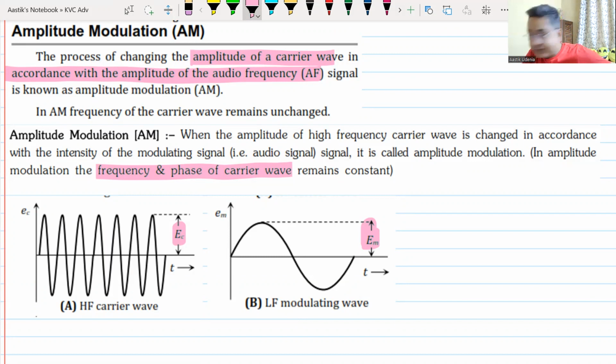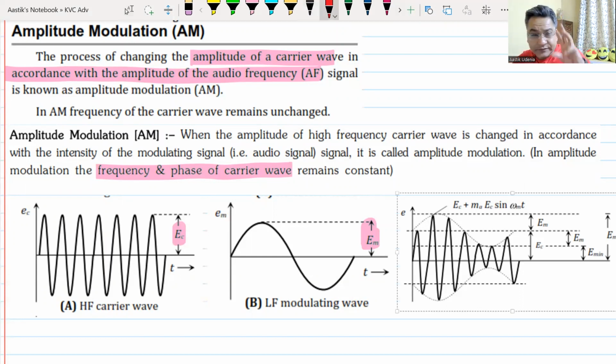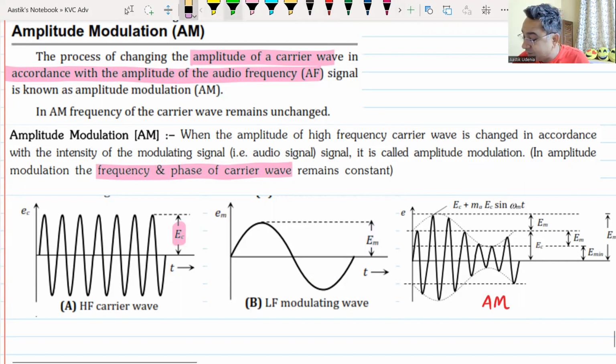And then you will superimpose this high frequency carrier wave onto this low frequency message or signal, and you will have your AM wave. Do we understand this? This is how the AM wave is formed.